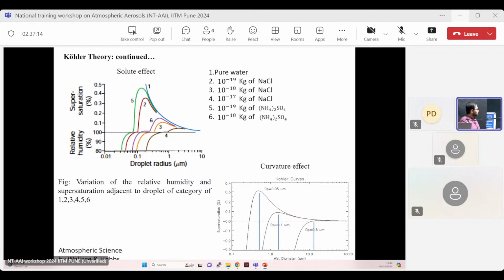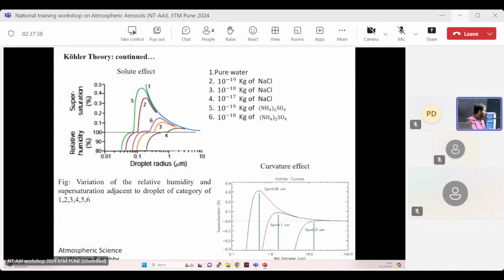Similarly, in terms of the Kelvin effect, suppose you compare 50 nanometer, which is 0.05 micrometer, with 100 nanometer and 500 nanometer. The supersaturation it takes to activate the particle is very high for smaller sizes.